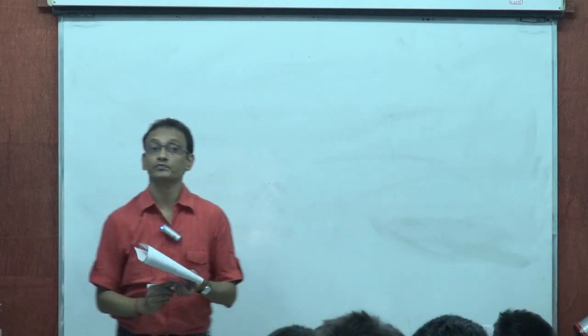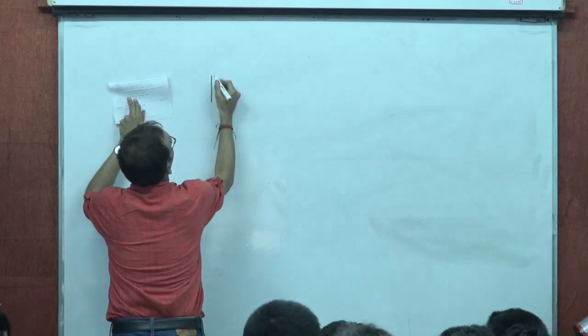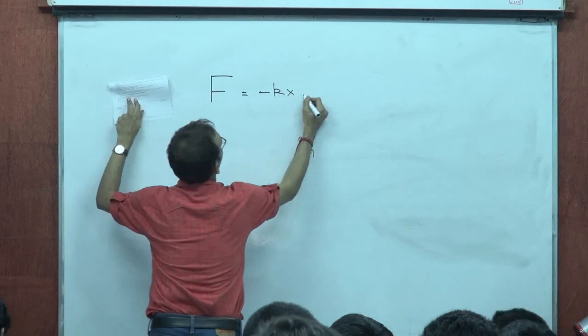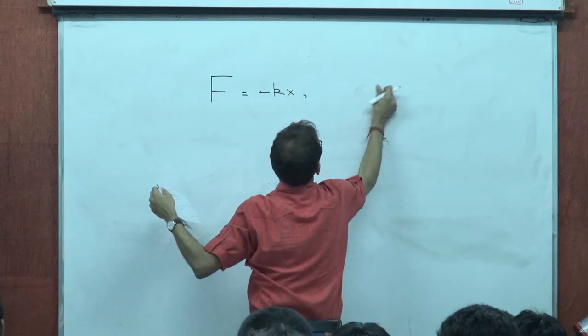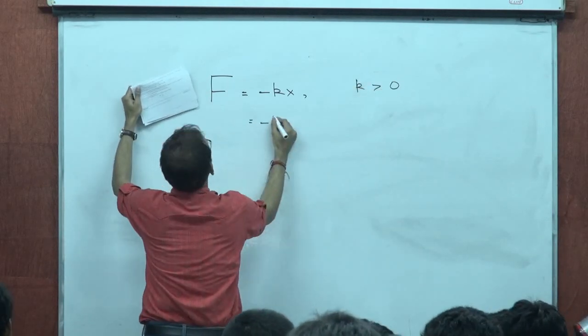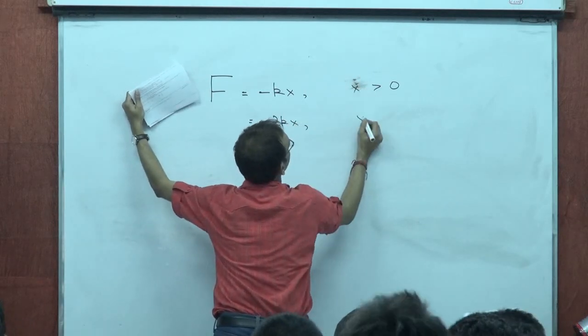Now there is a little bit of a wonky spring. F is minus kx for x greater than 0 and is minus 2kx when x is less than 0.